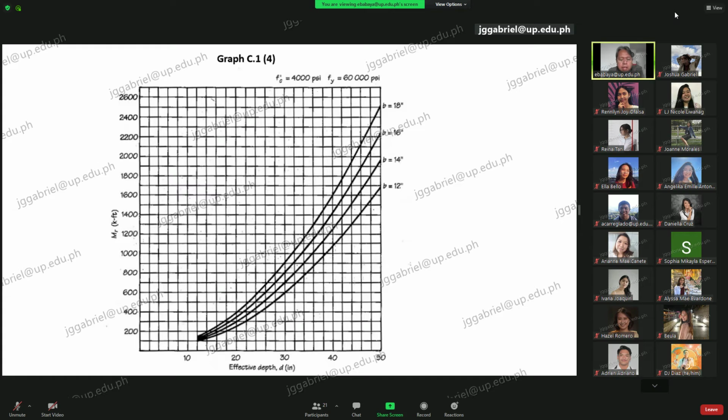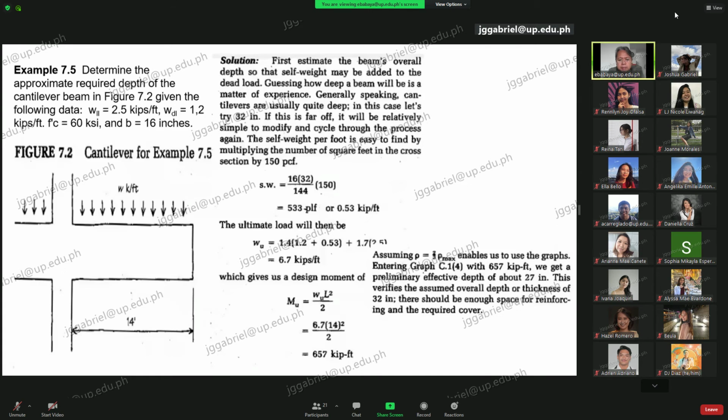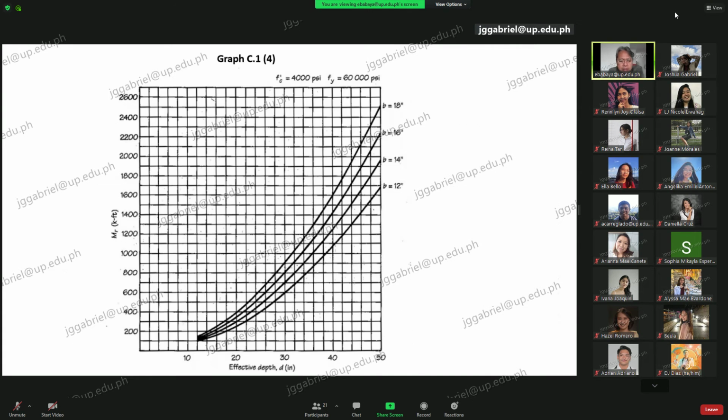Here, our computed Mr is how much? Okay, going back there is 657. Let's look at that. This is kip foot 657. This is 700. So 657 is around in here.